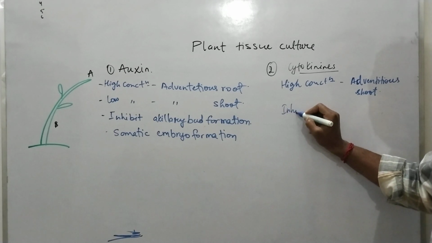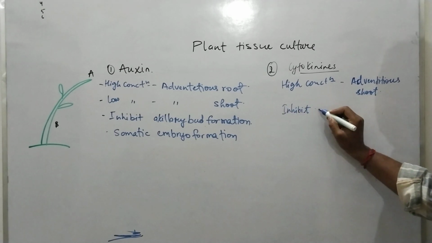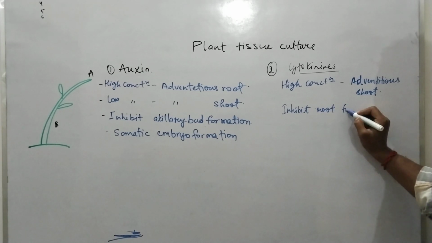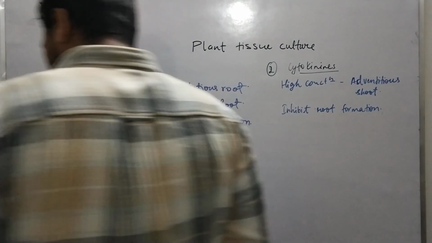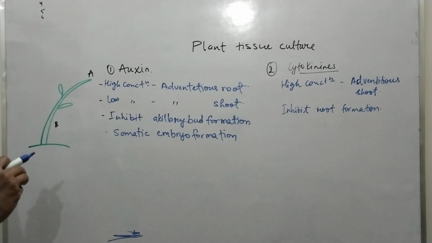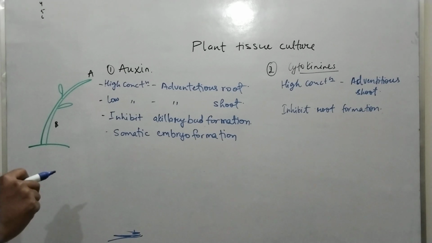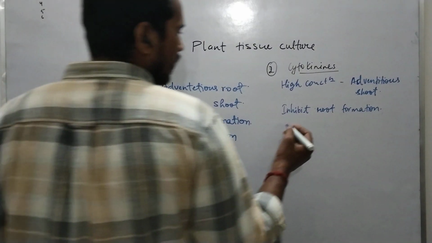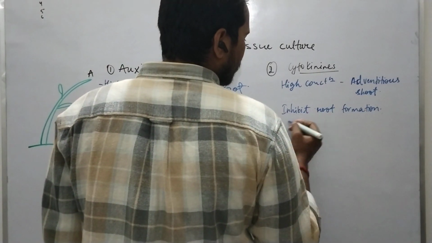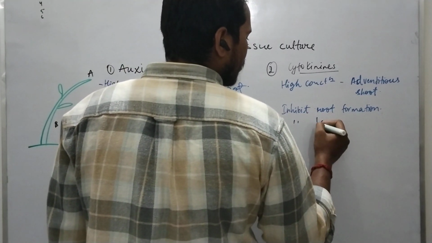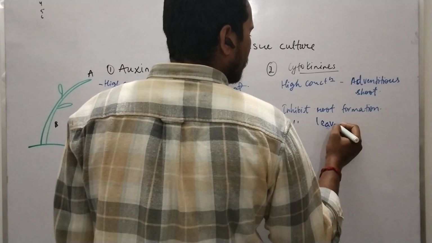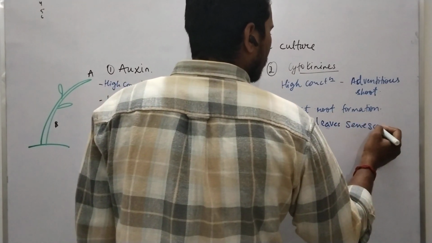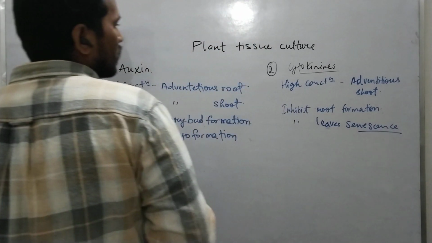It will inhibit root formation, and it will inhibit leaf senescence. These are the roles of the cytokinin.